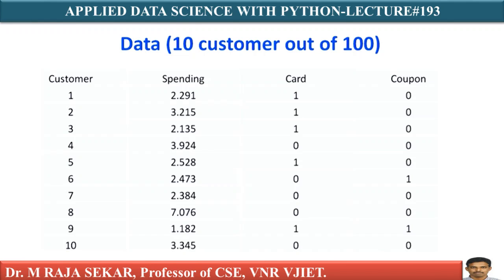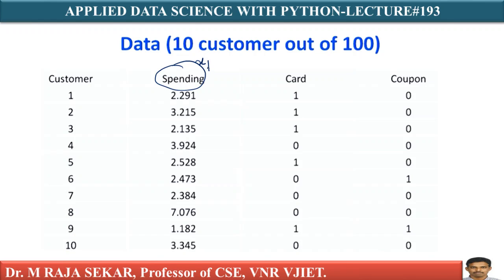This is the data set. I have shown only 10 customers, but there are 100 in the data set. 50 customers do not have the credit card, and the remaining 50 have the credit card. Spending is one of the independent variables.